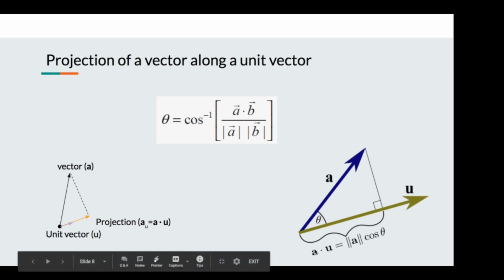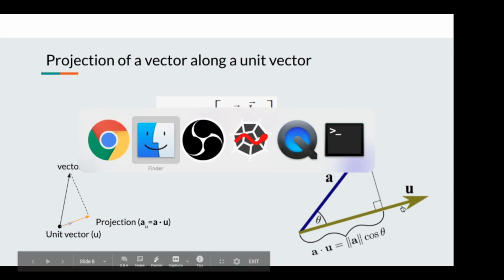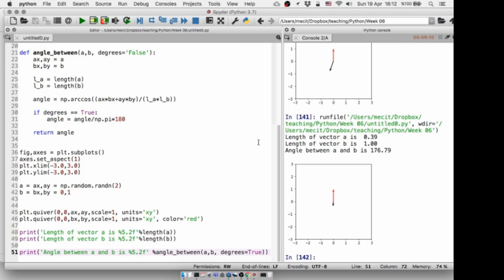So here is your A and the unit vector, and this is the projection of A over the U vector. So let's go to our code.